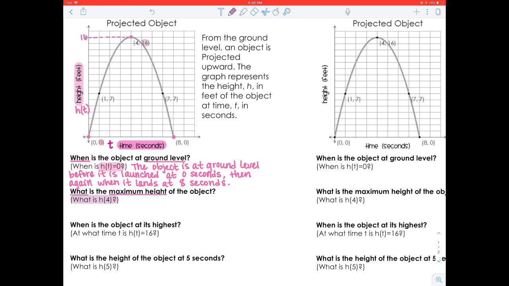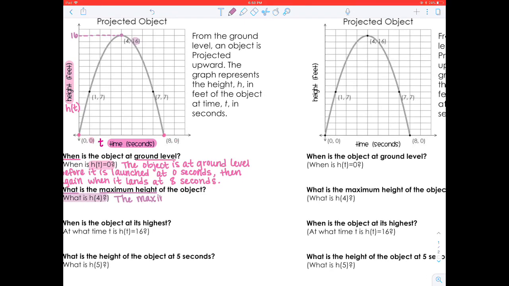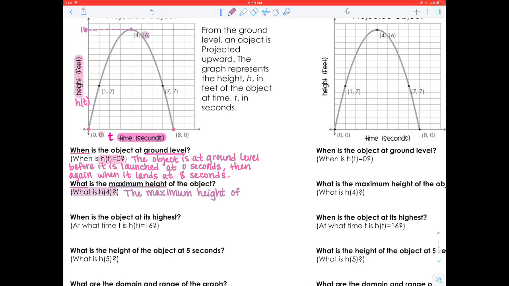We know that is 16. We can say the maximum height of the object is 16 feet. And of course, if we knew what the object was, we could be more specific. The more specific, the better when you are interpreting.